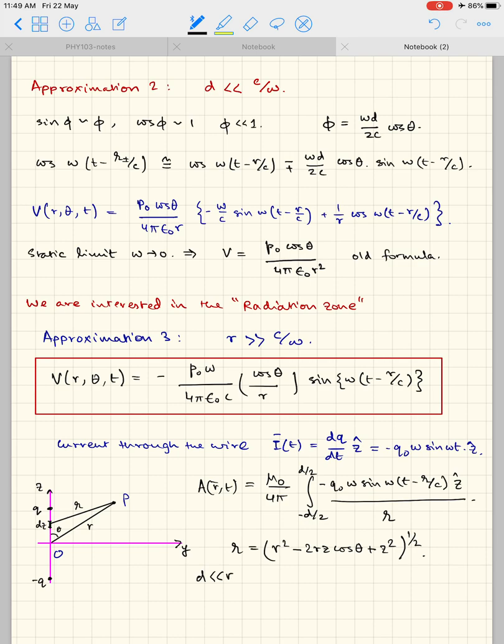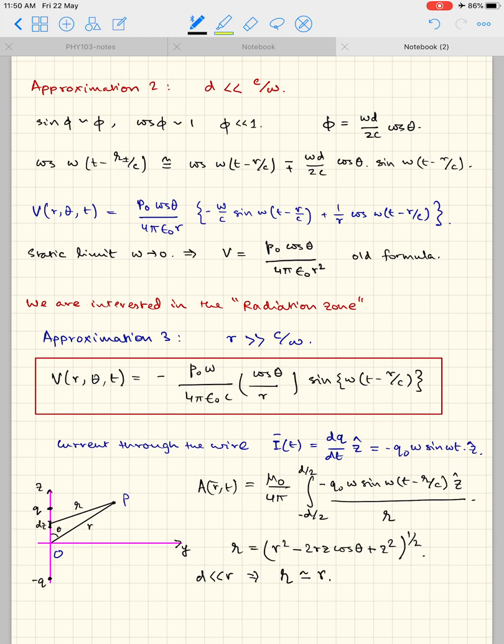So this essentially amounts to the fact that in the first approximation, this curly r can be approximated as the usual r, the distance from the center, if you wish.